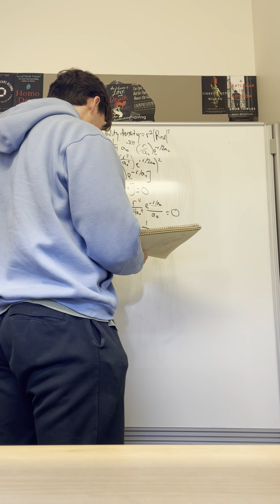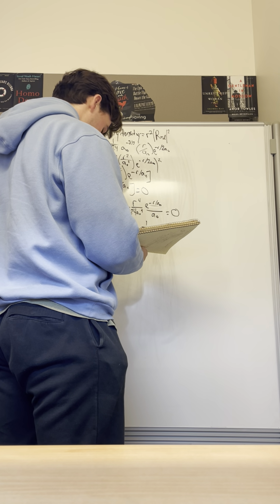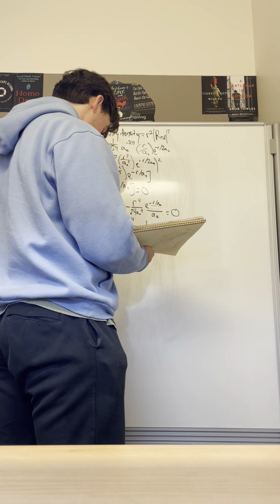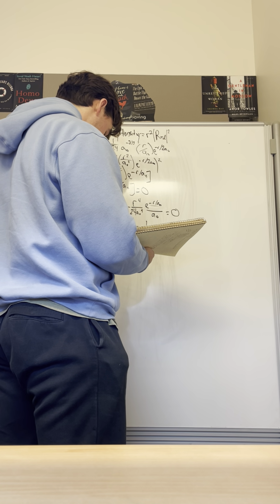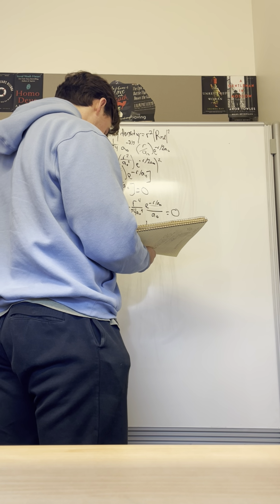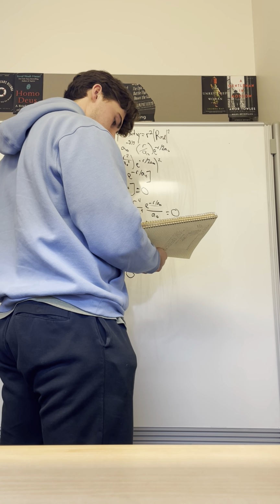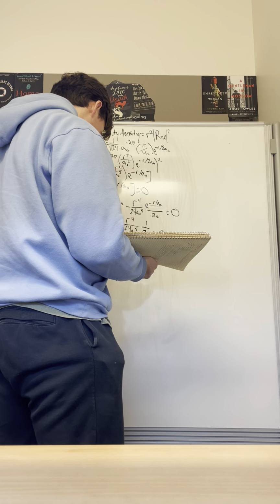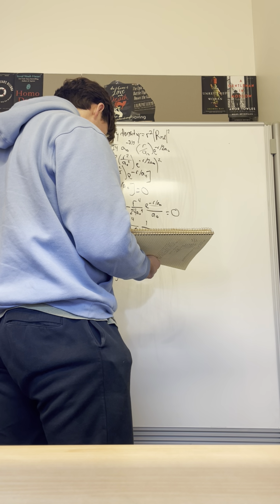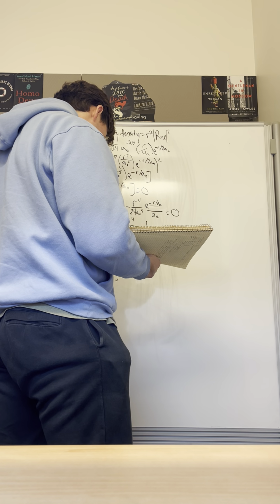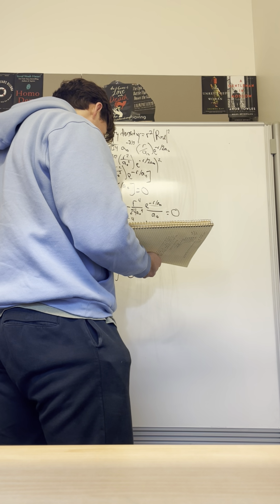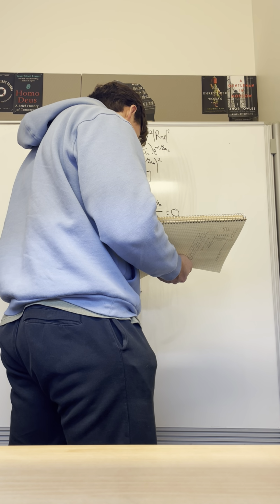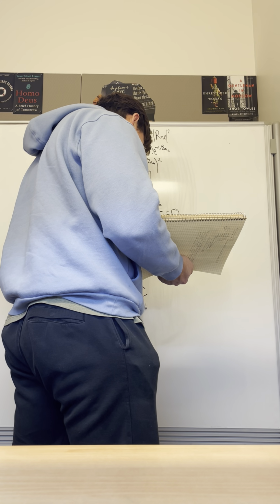Both of these, we'll be left with 1 minus r over 4 a naught equals 0. That's canceled, so 1 minus r over 4 a naught equals 0. 1 equals r over 4 a naught.